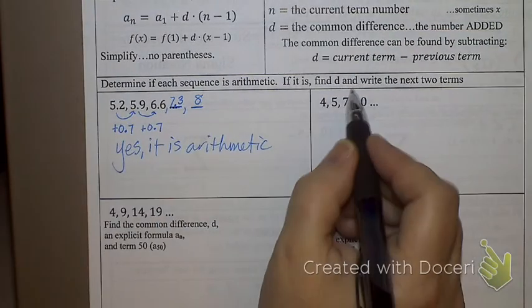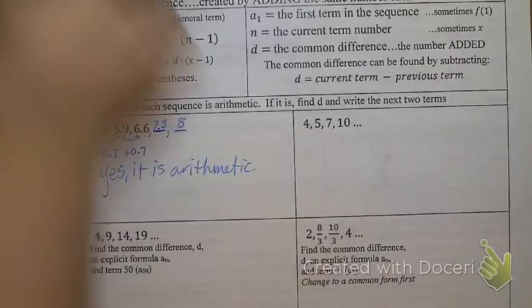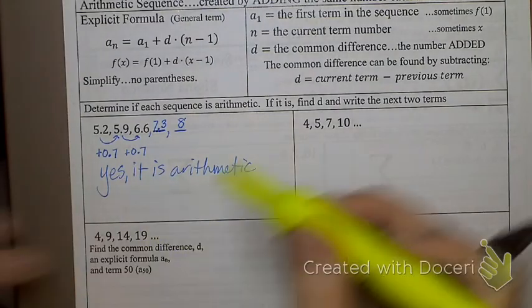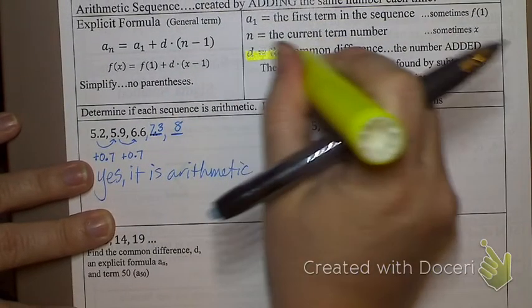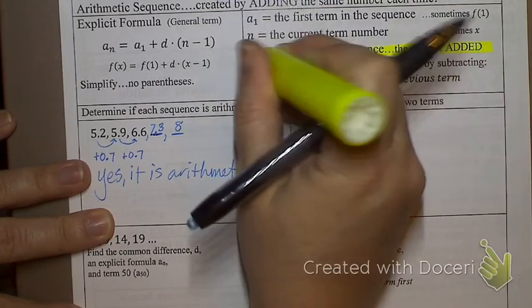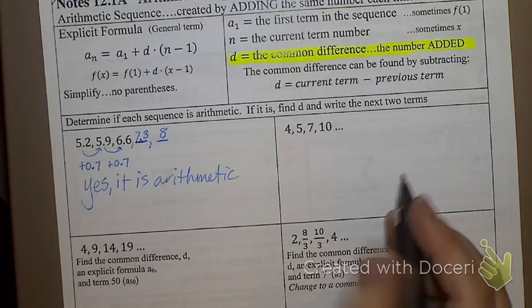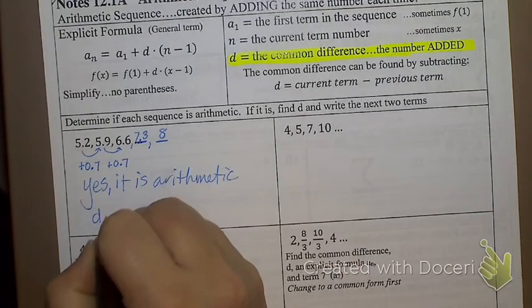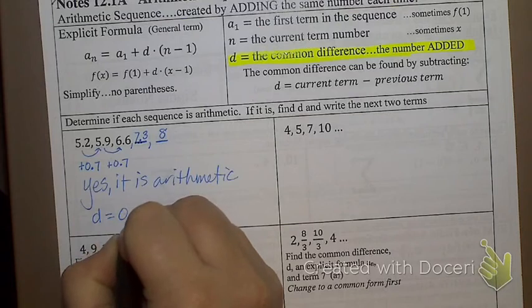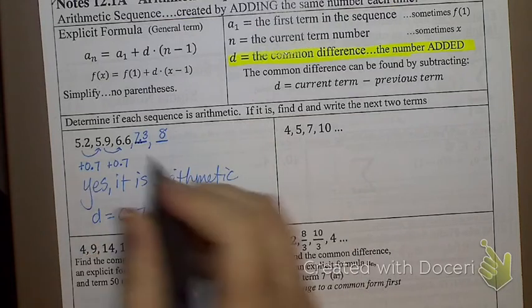Now it says find d. What is d? If we look up here, it is known as the common difference. In other words, it's the number that's being added each time. So in this case, our d value is 0.7.